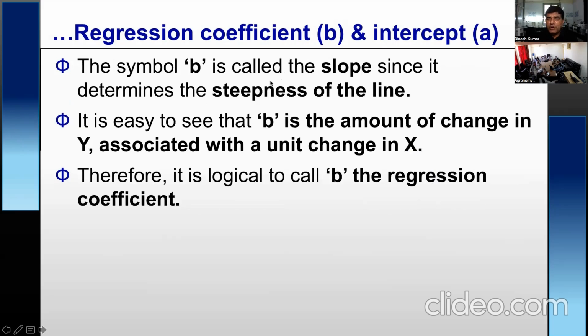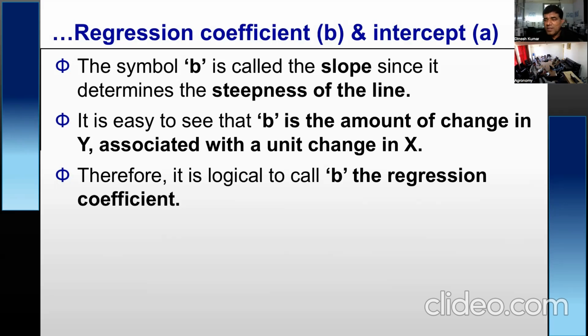The symbol b is called the slope. The b, as I already told you, is called the regression coefficient, but it is also called the slope, since it determines the steepness of the line. Higher the value of the regression coefficient, higher is the slope.